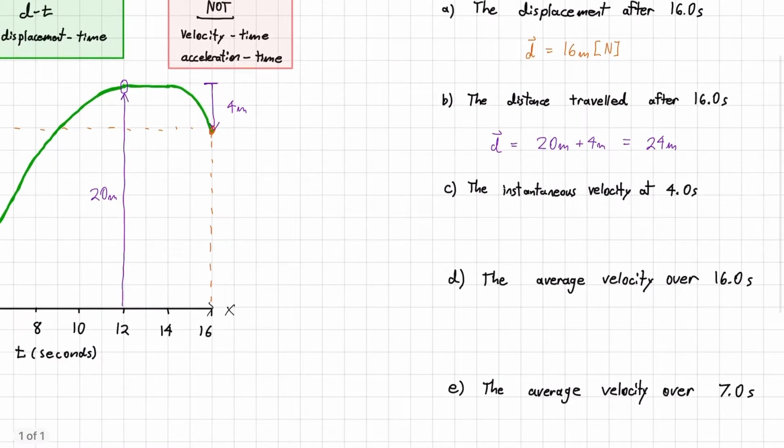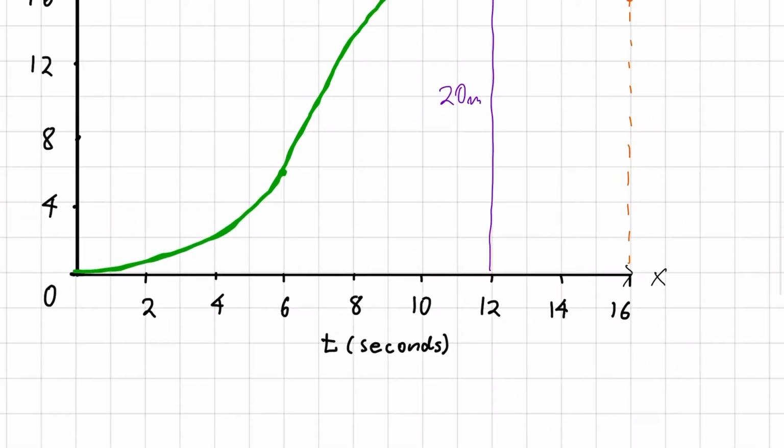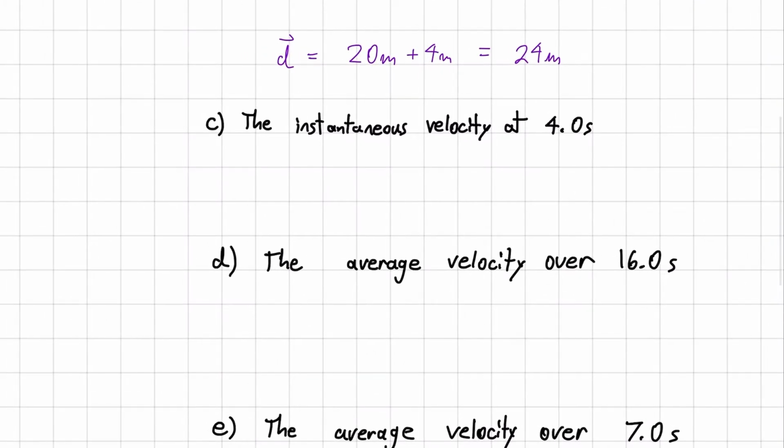Now, the instantaneous velocity at 4 seconds. We're going to come over to our graph here. Here's our dot at 4 seconds, and we need to know what's the instantaneous velocity. So another word for instantaneous velocity is the instantaneous slope, which tells us when we see this, you want to instantly think, okay, we're going to use the tangent line.